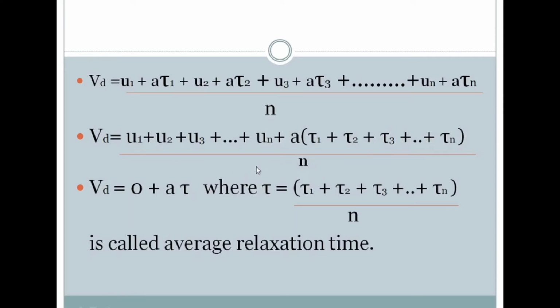Now you know that the average velocity of the electrons before the application of electric field is equal to 0. So we are left with drift velocity is equal to acceleration into tau, where tau is the average relaxation time.